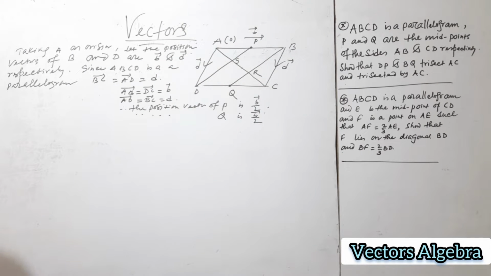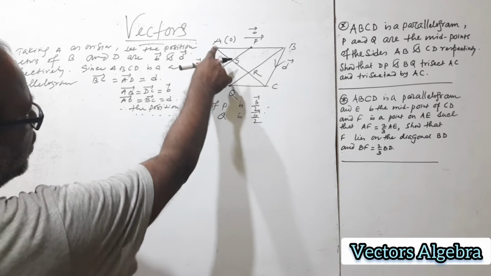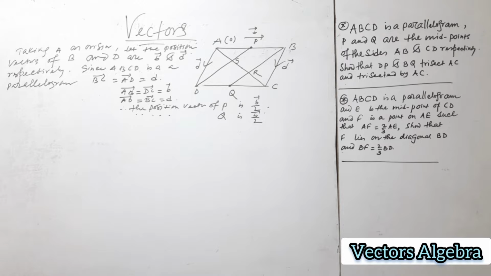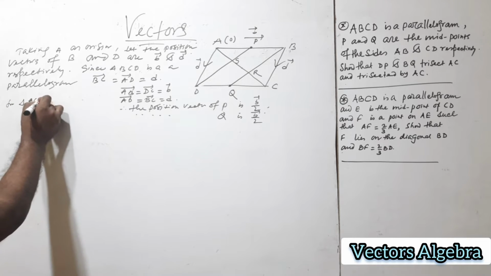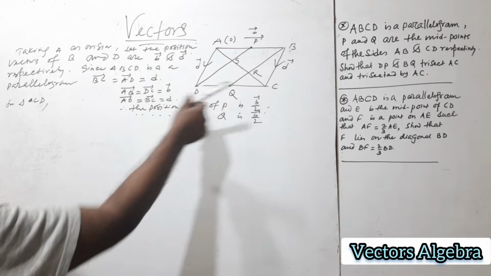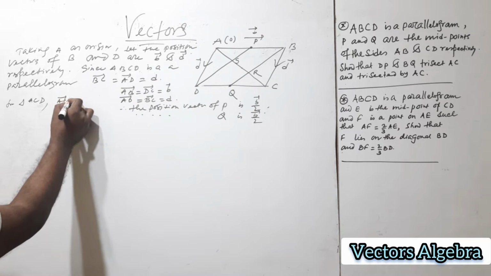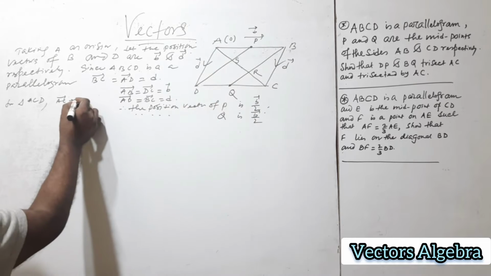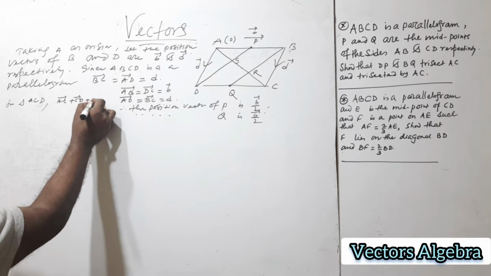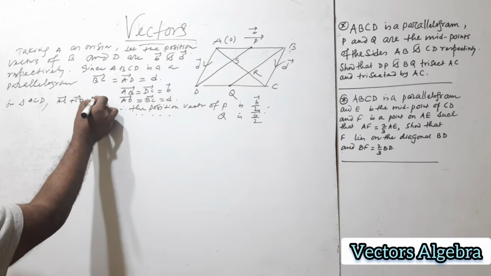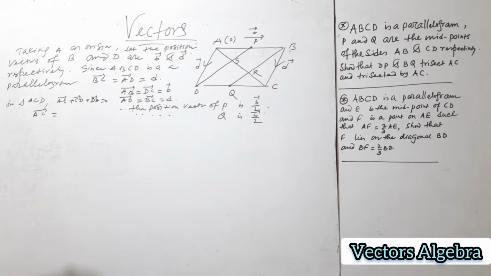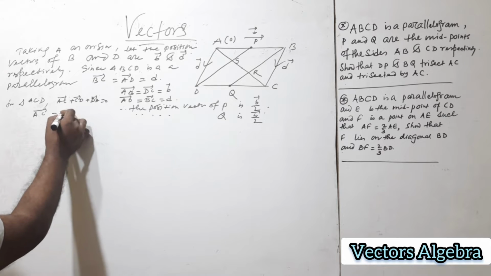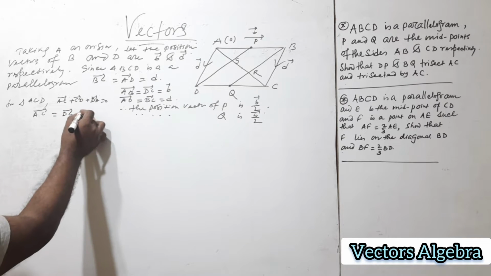Now we have to find the position vector of C. For triangle ACD, it can be written as AC plus CD plus DA equal to 0. So AC, it means the position vector of C, can be written as DC minus DA.